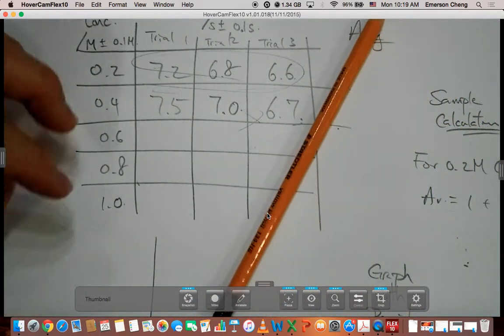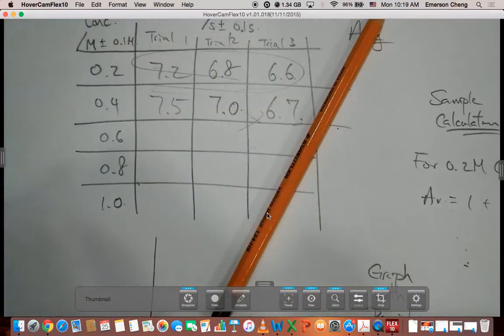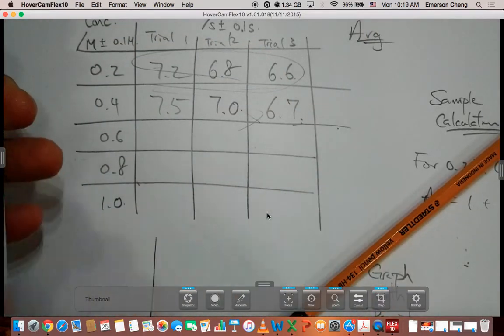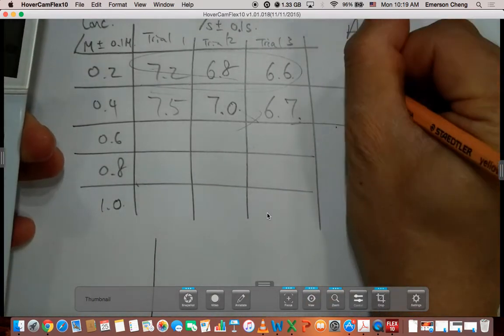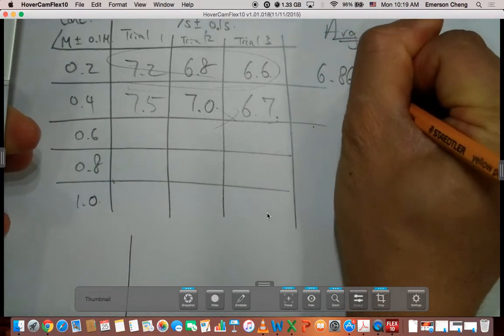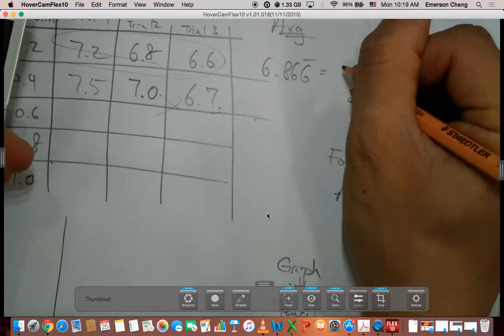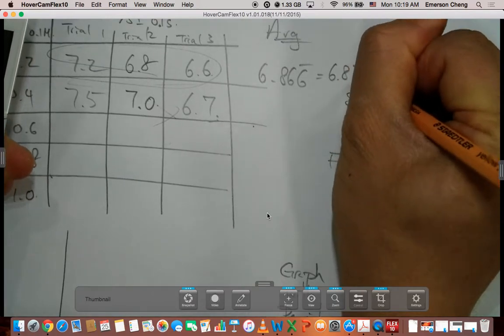So I'm going to take out my calculator. 7.2 plus 6.8 plus 6.6 divided by 3 gives me 6.866 repeated. Okay, so let's just say it's 6.87.